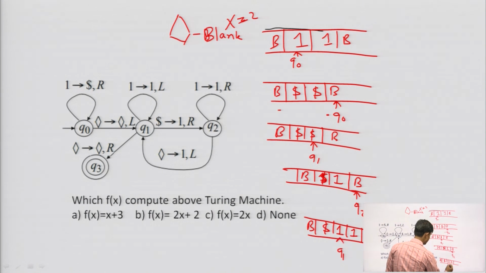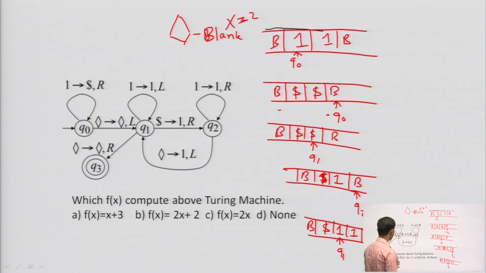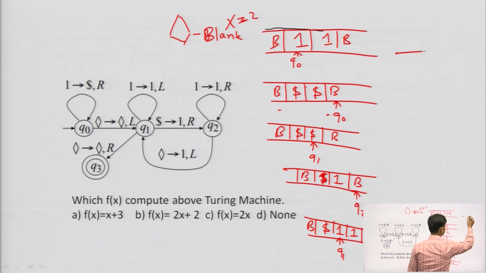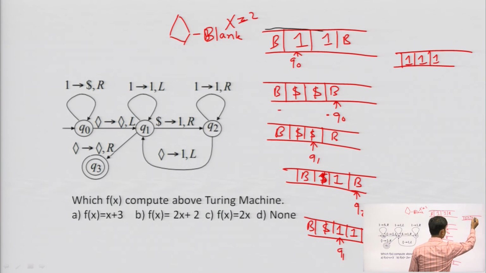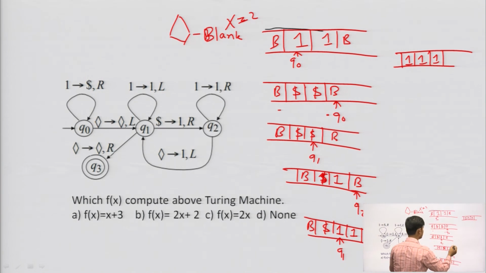In Q1 on 1 you move left, left, left, until the dollar comes. When you move left, this dollar is replaced by 1, then move to right.